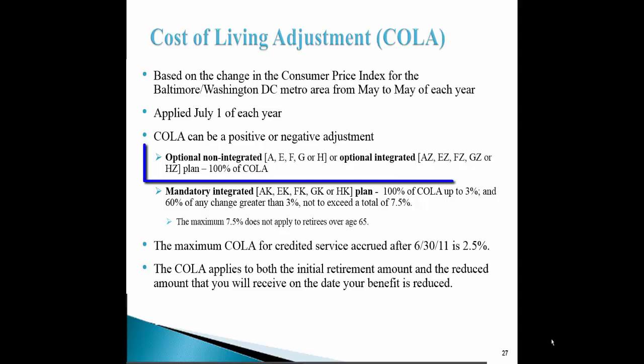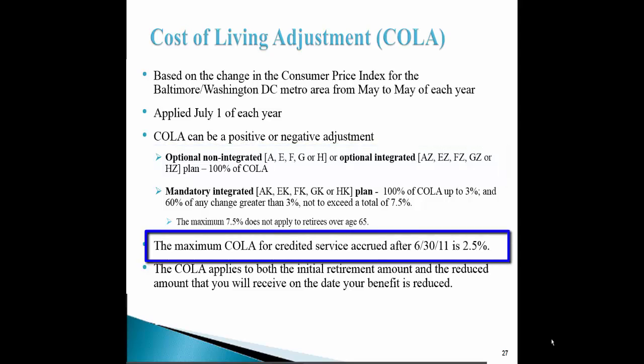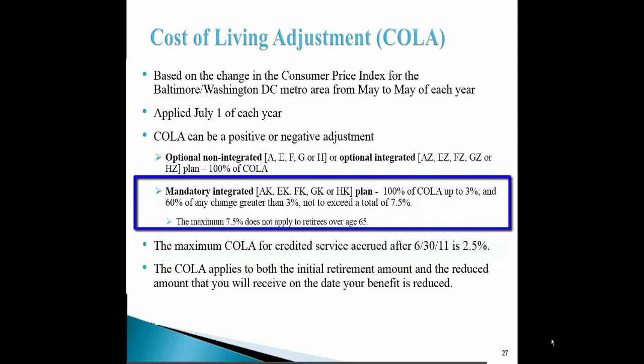Members of the optional or optional integrated plans can receive 100% of the COLA for service prior to June 30th, 2011, and there is a 2.5% COLA maximum for service after June 30th, 2011. For service prior to June 30th, 2011, members of the mandatory integrated plan can receive 100% of the COLA up to the first 3%, and then 60% of any change greater than 3%.